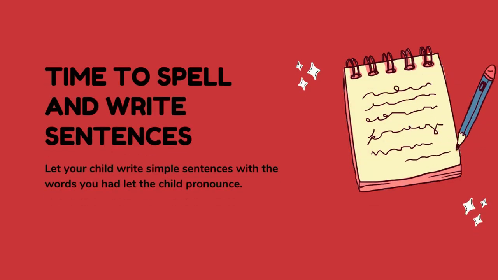We're now at the step where you're going to do sentence writing and spellings. First is the spellings. So you give the child spellings with words with the digraph that you had taught that are not on your flashcards. If you need to make your flashcards virtually, there's a link in the description of this video as well as all my videos on this playlist, how I make my flashcards virtually and download into my device to teach my students.